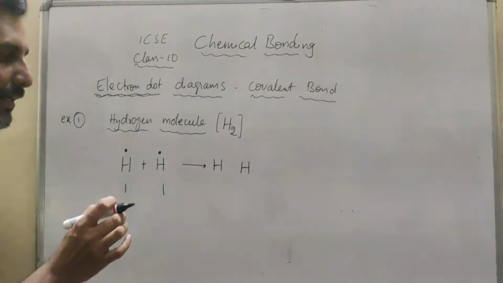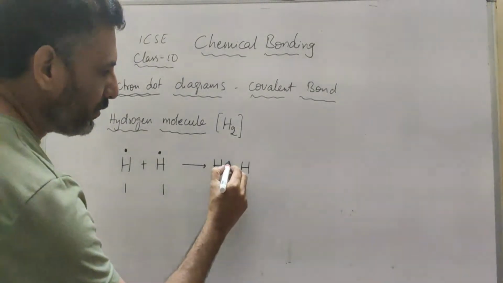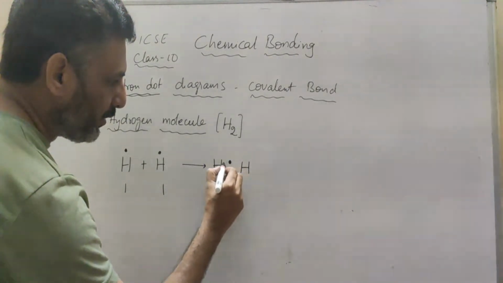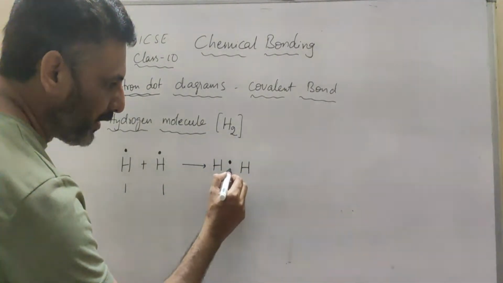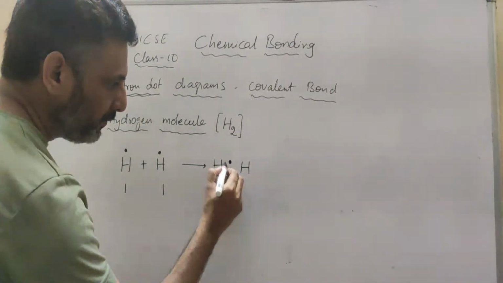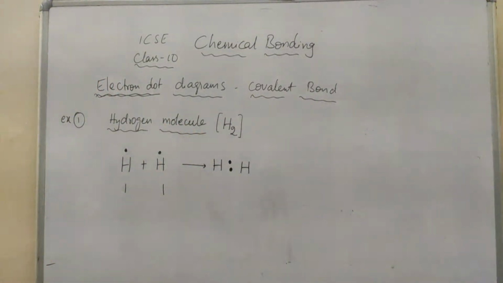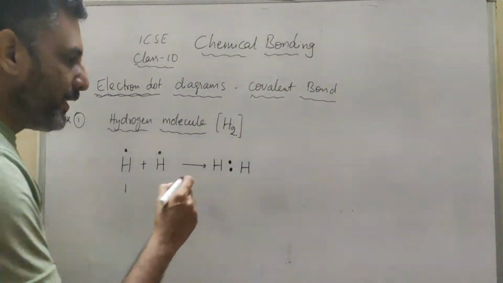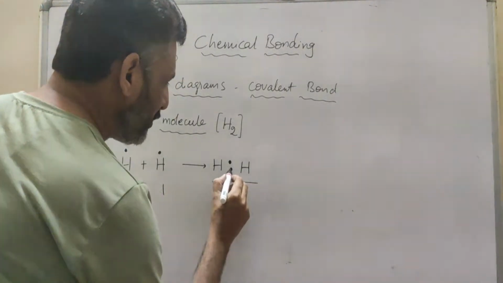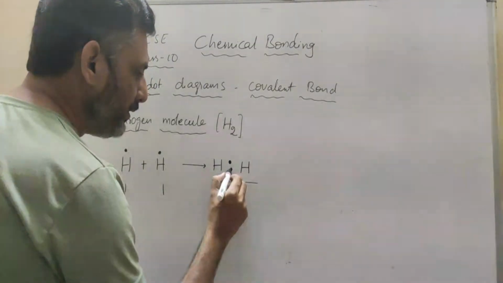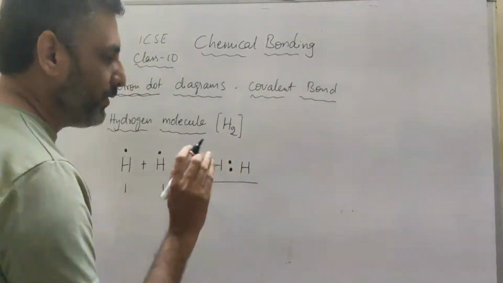Each hydrogen atom has only one electron. So this can give one electron from this hydrogen, and from this hydrogen one electron comes for the covalent bond. So now it looks like these two electrons belong to this hydrogen, at the same time this hydrogen as well.